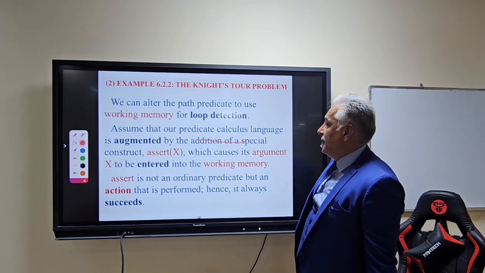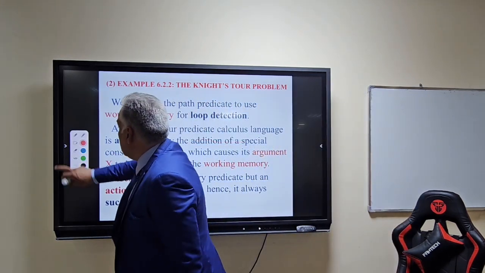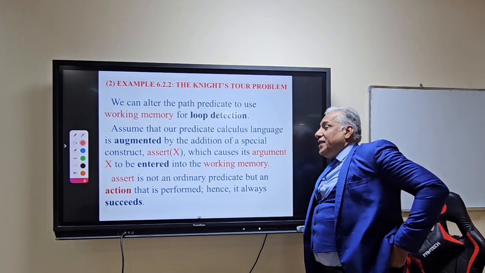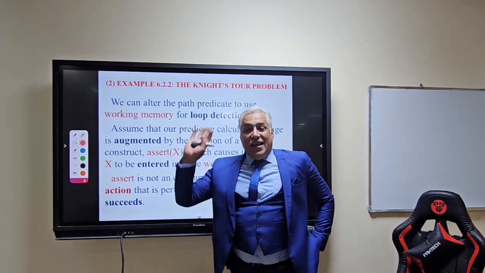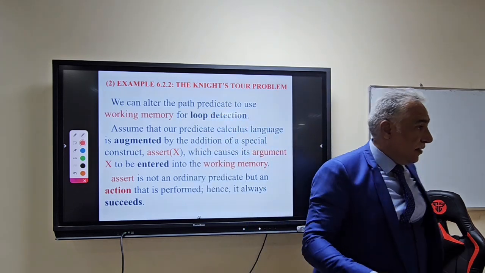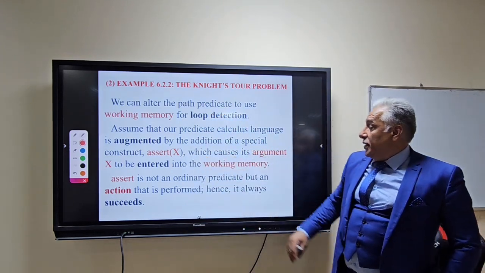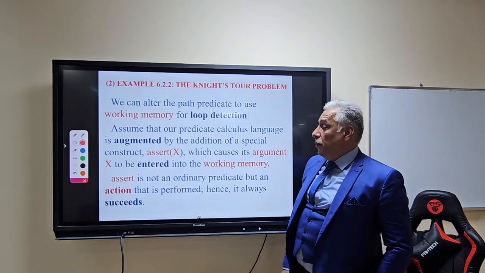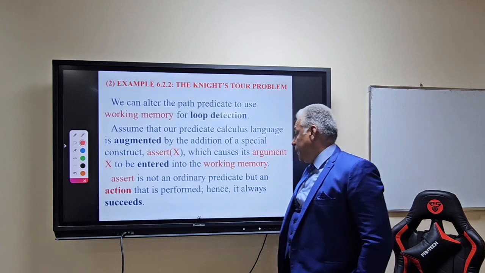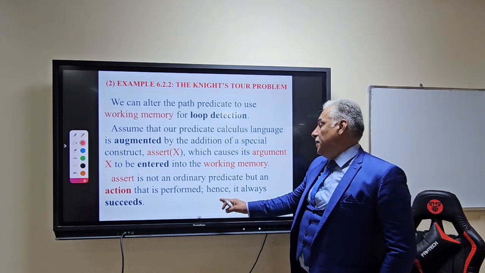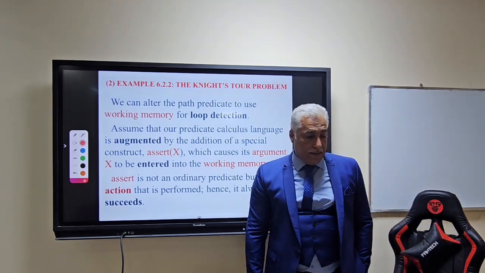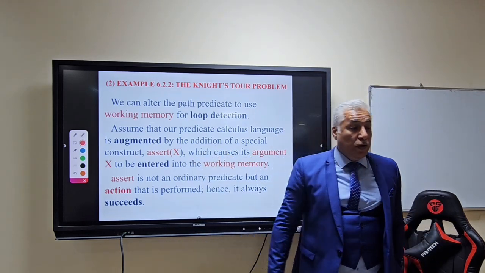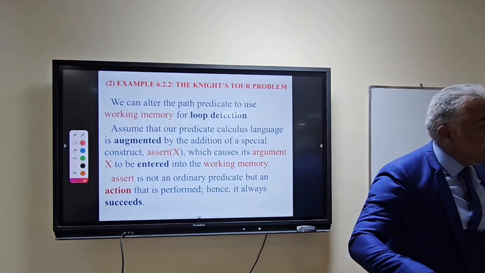Assume that our predicate calculus language is augmented by the addition of assert X. Assert means the updating operation by the X value, which causes its argument X to be entered into the working memory. Assert is not a binary predicate, but an action that is performed, hence it always succeeds. Assert here will be used for altering the value in the working memory.